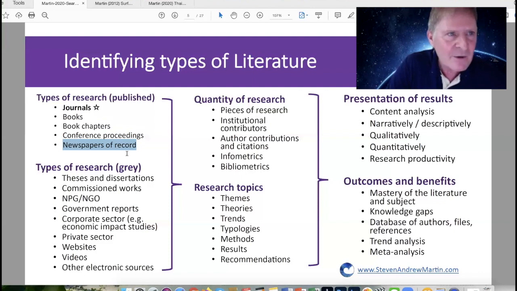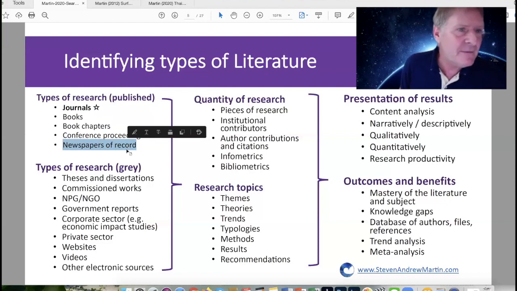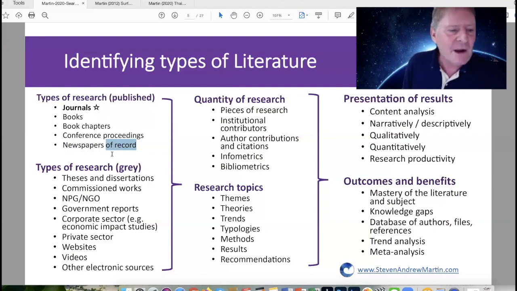Maybe Bangkok Post or something like that. So that they have a record of what they've said. So this is actually considered published work. And newspapers do have research in them. Somebody did a study and they have it in the newspaper. But it should be, this is the key word, of record. So that we can go and find the microfilm or find the evidence that this really exists.